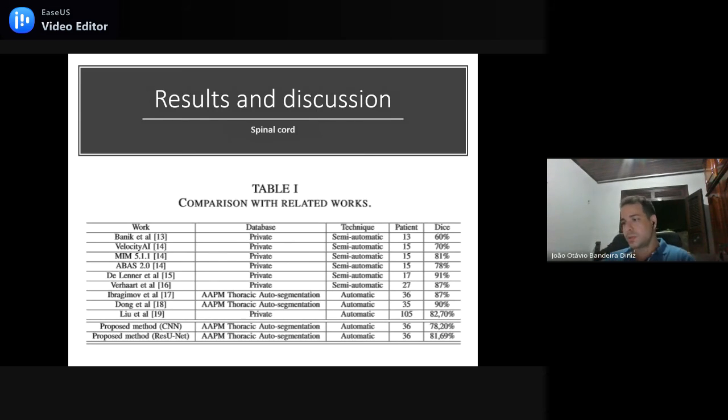Well, talking about the results, we can see that the two methods of spinal cord get nice results, very important. We also use a public database, as I talked, with very diverse protocols of acquisition, and even so, we get very good results that have a good place in the literature.